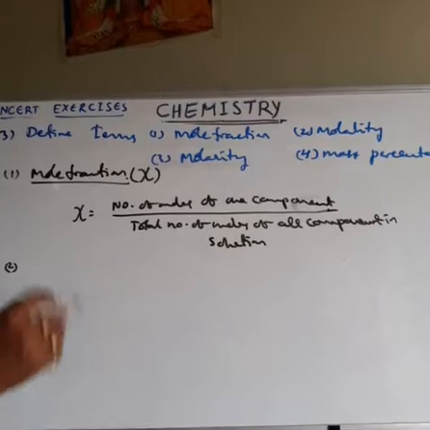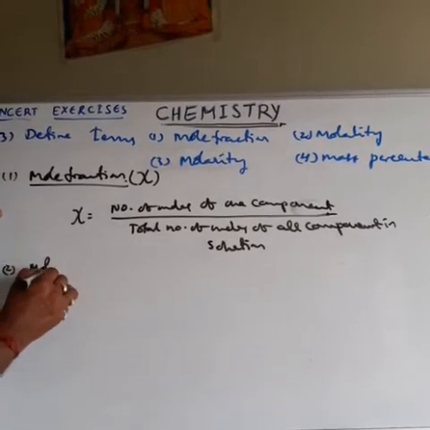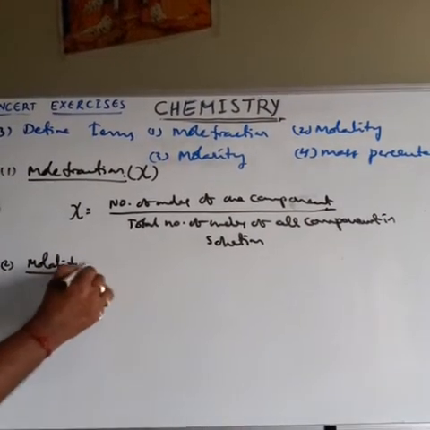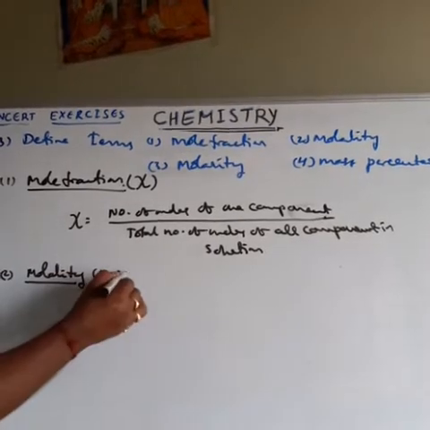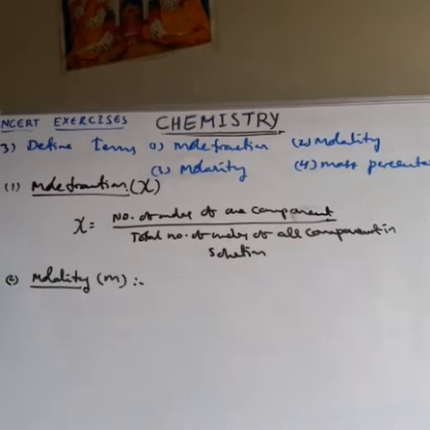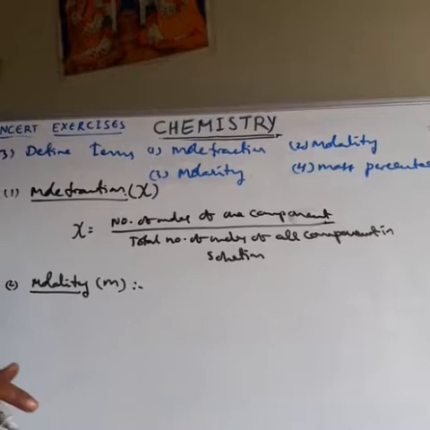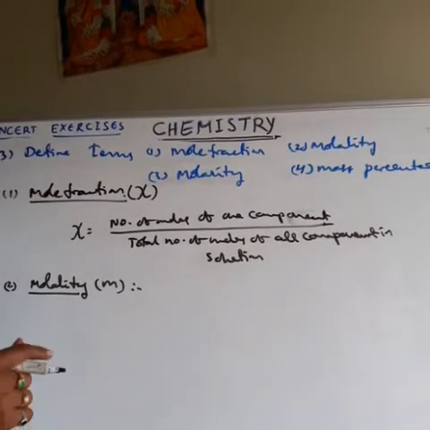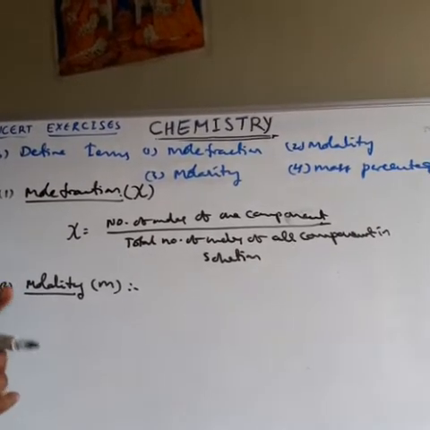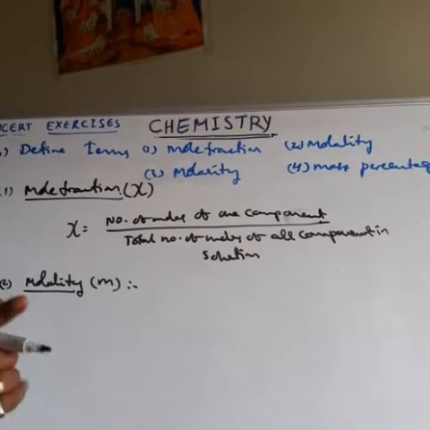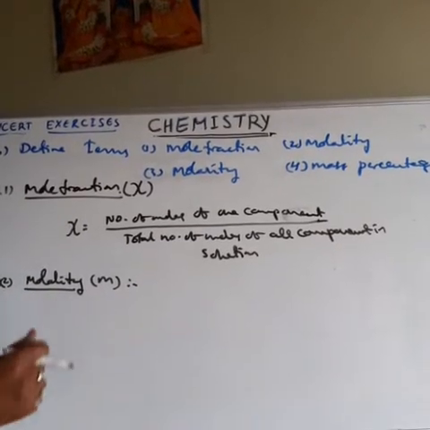Then next one is molality. Second one is molality. It is represented by small m. Then what is molality? The number of moles of solute present in 1 kilogram of solvent, or 1000 gram of the solvent. That is called molality.